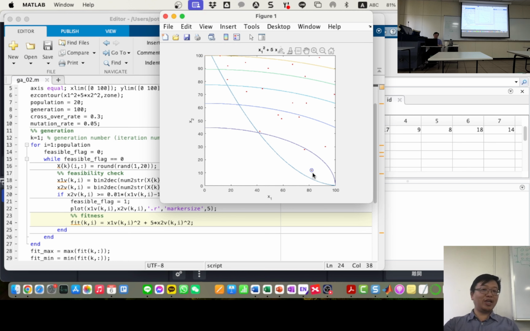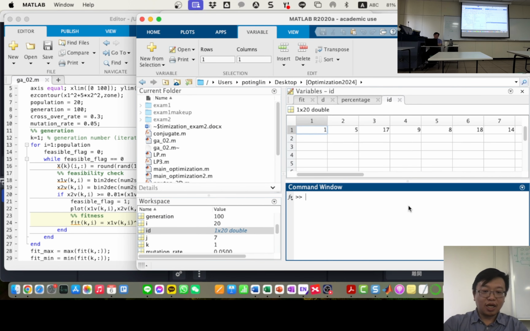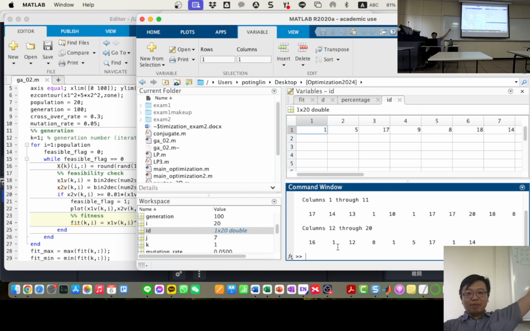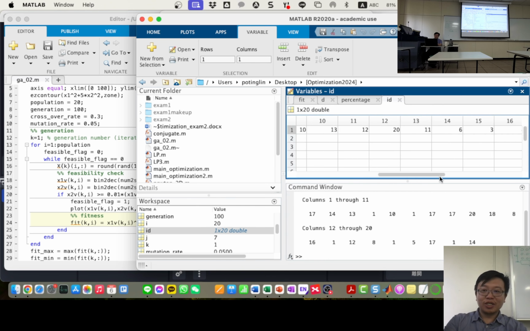This one is found to have the best objective function value. Let's see how many times this one is chosen. So the ID, this is the first ID, and selected ID. Number 1 is selected 5 times. The first chromosome is selected 5 times. Okay, which one is the worst?